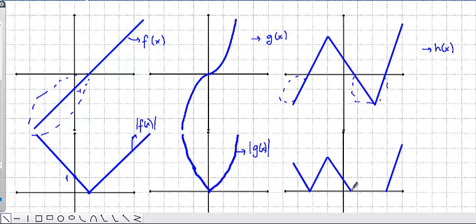And this should be here, like 2 units up, and then down. Yes, and this is y is equal to the absolute value of h(x).